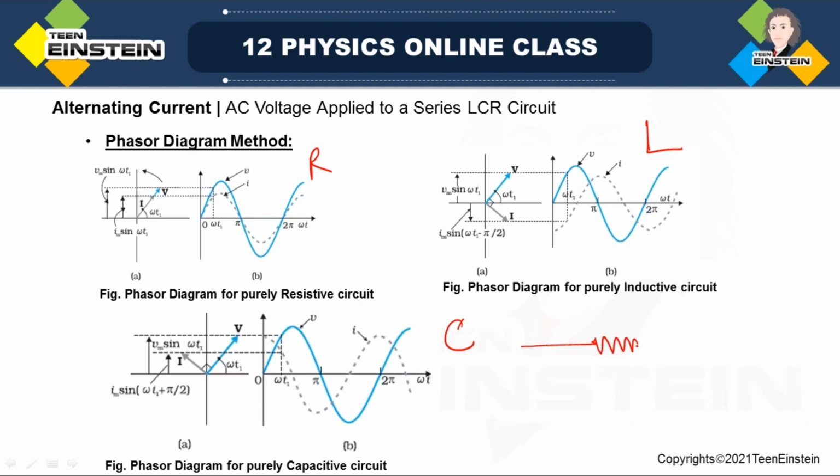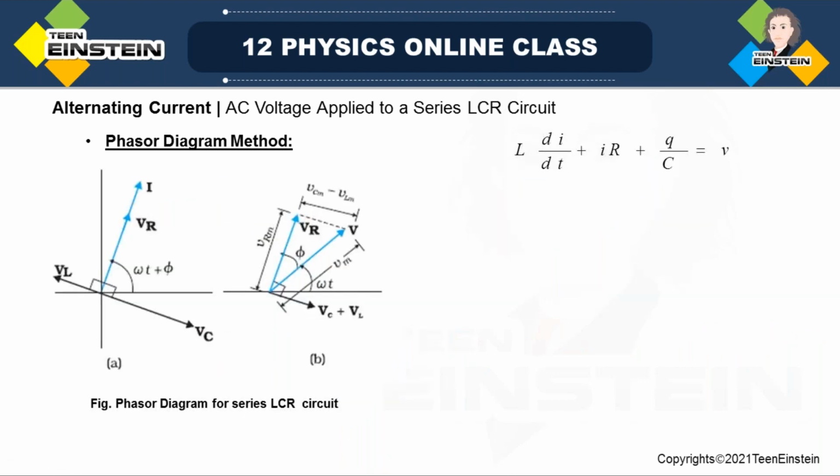But now if we put all this together, L, C, R, all in series with an alternating voltage, then what happens to the phasor diagram?